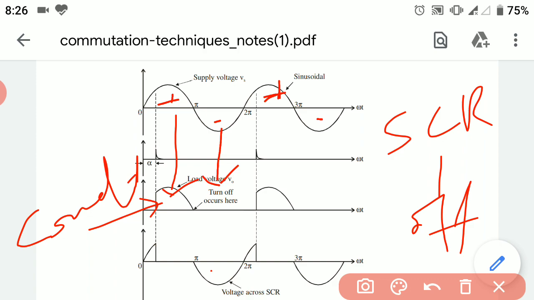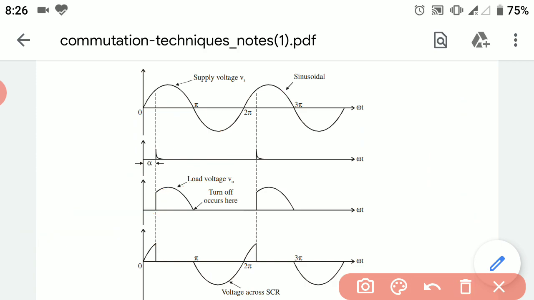During this negative phase there is no output. The total output voltage will be 0, and during this negative voltage, the voltage across the SCR will develop, similar to the voltage of the negative peak.